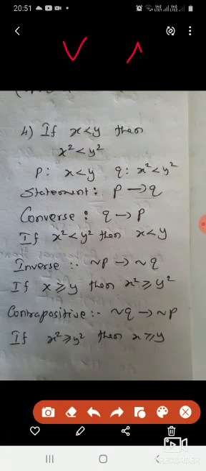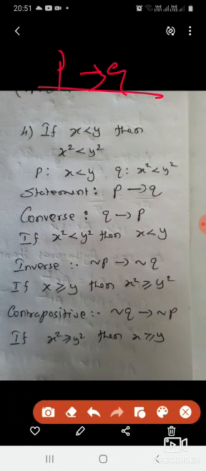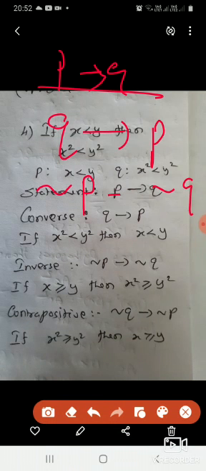Now the next important concept: converse, inverse and contrapositive. First of all, the statement should be an if-then statement, that means a conditional statement. The converse we say in this way: Q to P, if Q, then P. The inverse is negation of P and negation of Q. In the statement we can use not.